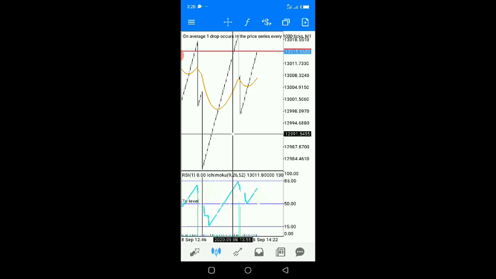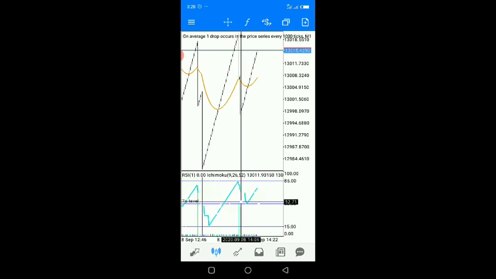See what happened here. You see, at this level, our Ichimoku was actually approaching the 85 RSI level, and our market facilitation index was also above the 50 RSI level, and we go in for a sell, and the market did spike.